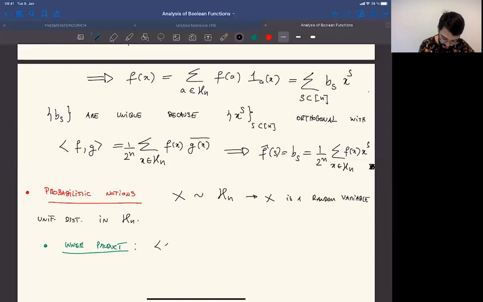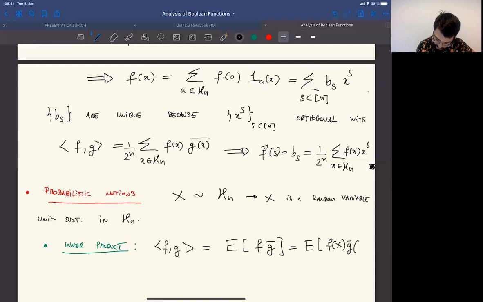But for instance, the inner product I just defined above can now be written as the expectation of f times g, meaning this is short for the expectation of f of x, g bar of x, where x is uniformly distributed in the Hamming cube.